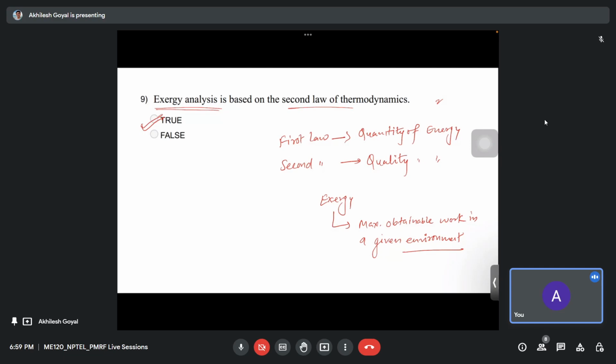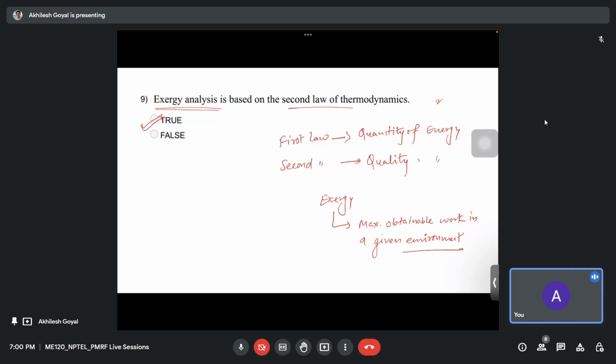But in the second law of thermodynamics we talk about the quality of energy, and this leads to exergy analysis. Exergy is defined as the maximum obtainable work for a given environment. When the environment changes, this maximum obtainable work also changes. So it is the correct answer.